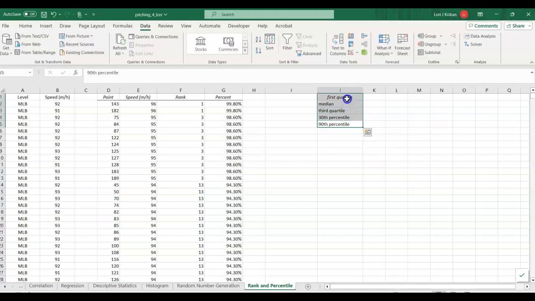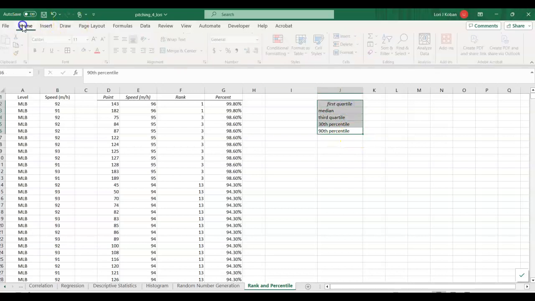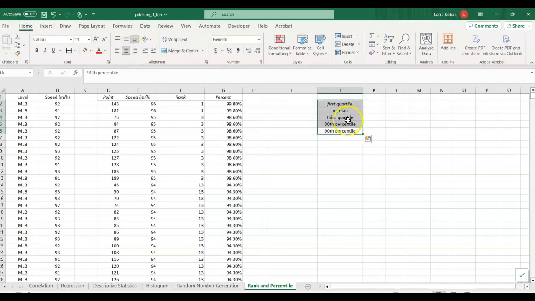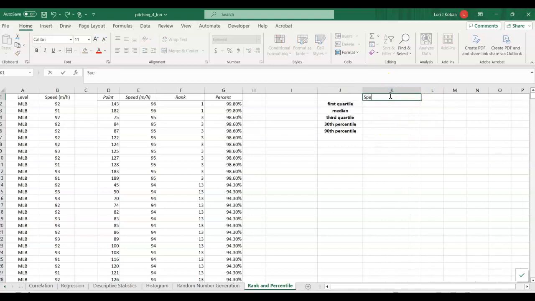Okay. I want to actually leave them there. So here we have some percentiles, and this is for our speed in miles per hour.